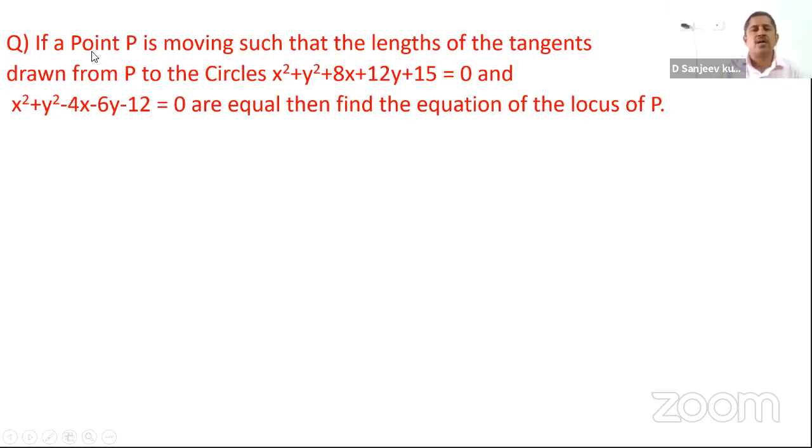First try to understand. So you got a point. How is the point behaving? The point is moving in such a way that the tangent here and the tangent here are of the same length from this point.